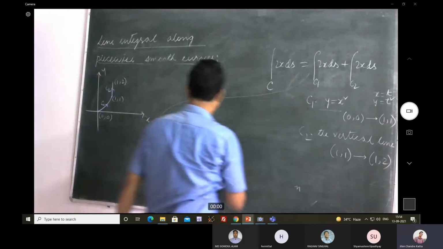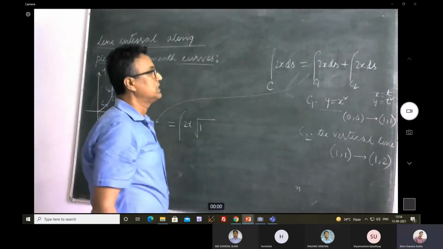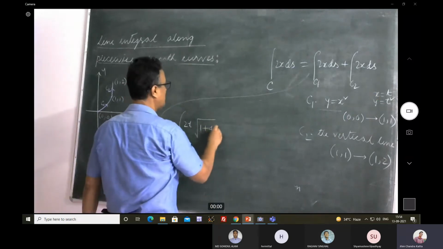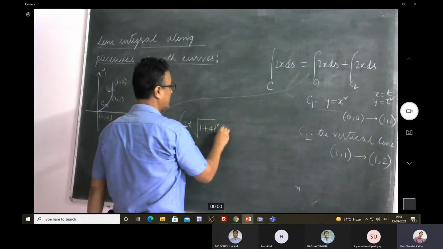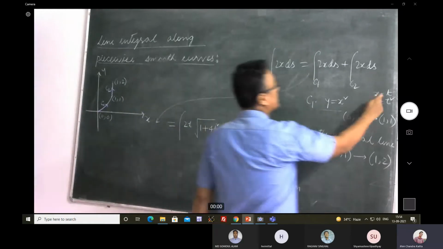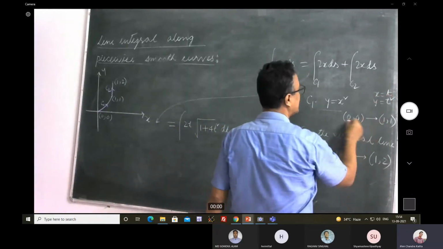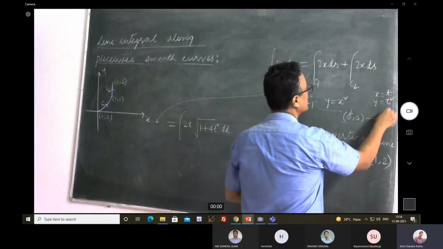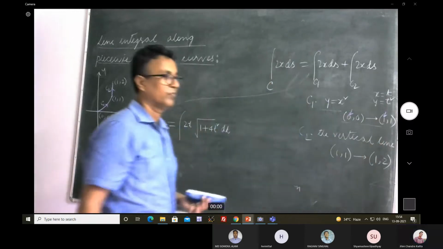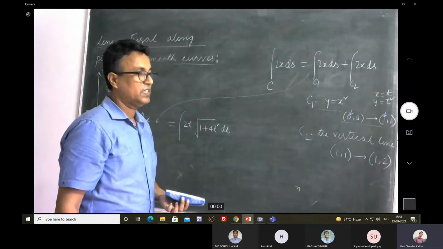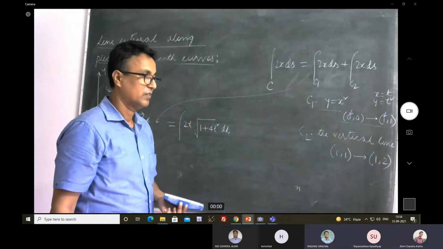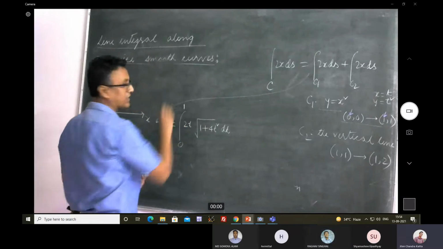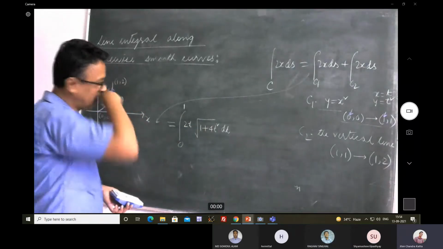Here dx/dt is 1 and dy/dt is 2t, so that means it is plus 4t squared, dt. Since x equal to t, x goes from 0 to 1. So this is about my first integral.